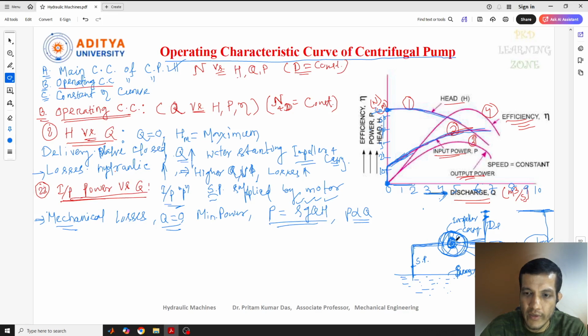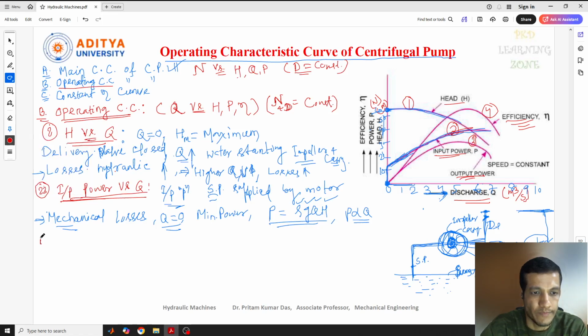There is some liquid there, which is also in the running condition. So the input power will continuously rise along with the discharge. That is the second point. I hope you understand.